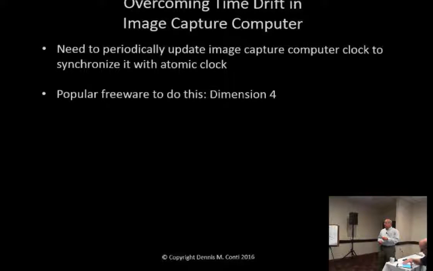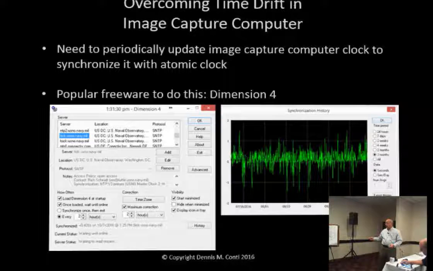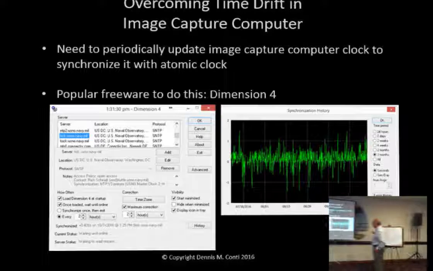Okay, so this is Dimension 4. It's really user-friendly. You pick the Internet time server site; I picked the U.S. Naval Observatory. Over time you can see the variation of how much drift you had on your clock. You probably can't see the scale here, but this is 1 second.